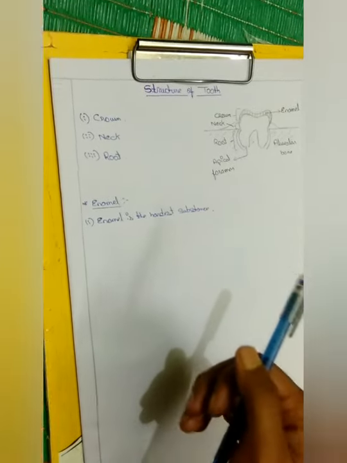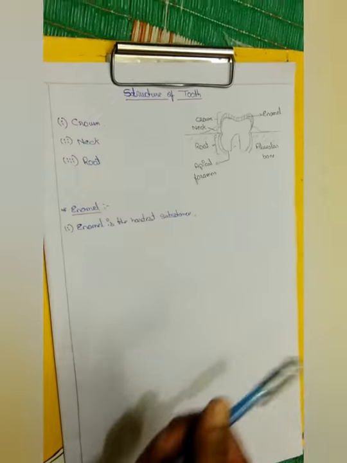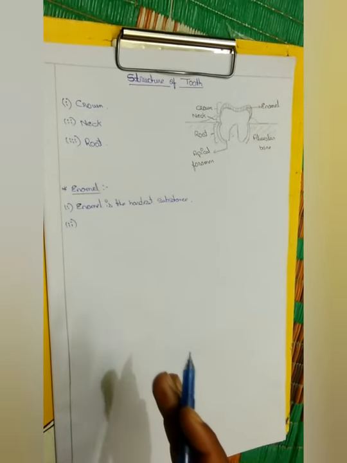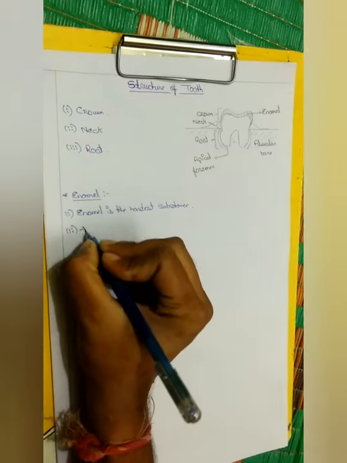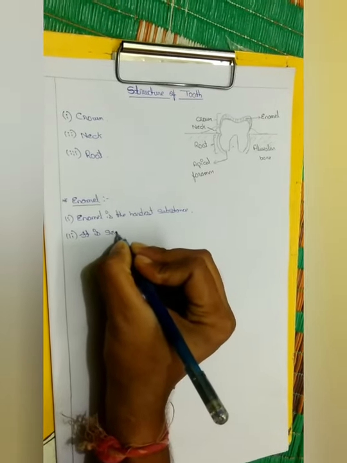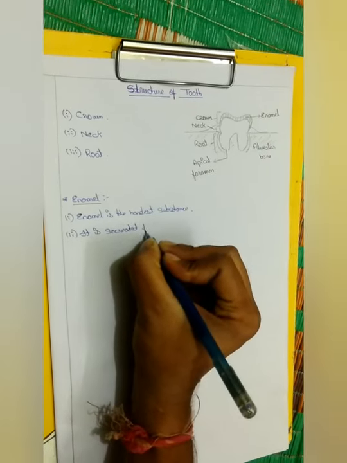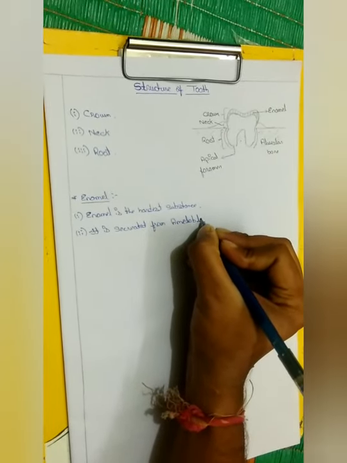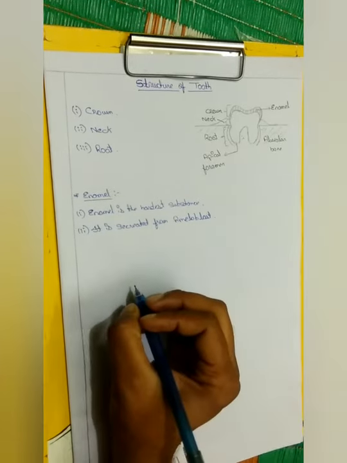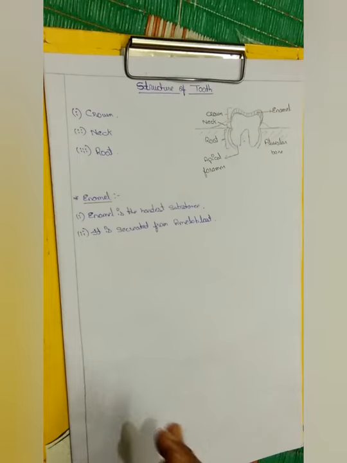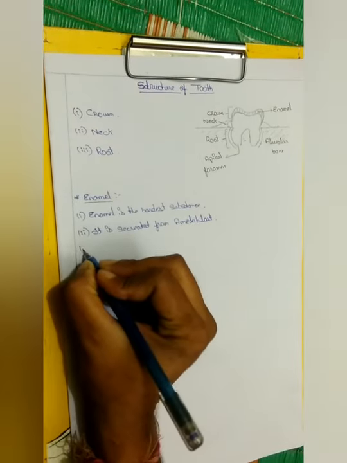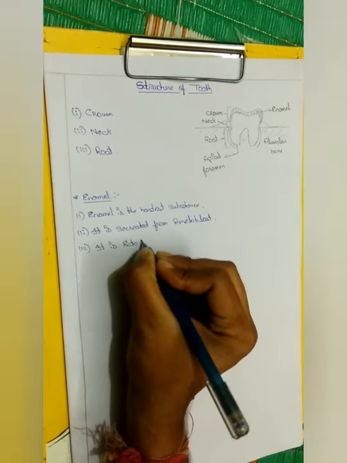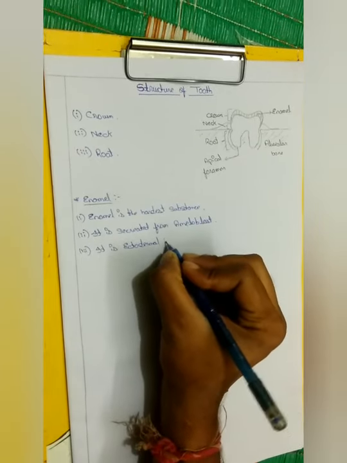It is secreted from ameloblasts. It is ectodermal in origin, means enamel is ectodermal in origin.